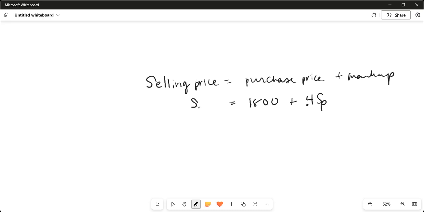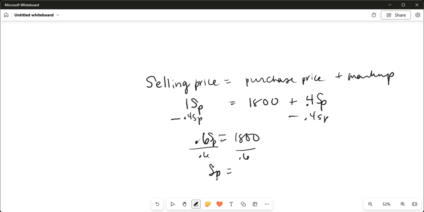We know the selling price here, so we're going to subtract this from both sides, right? And this is a 1, so this is going to end up being 0.6 SP equals $1,800. All right, and then we're going to divide both sides by 0.6, and the selling price is going to be $3,000.